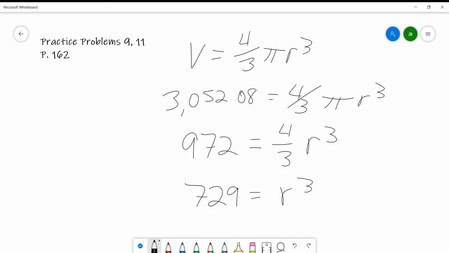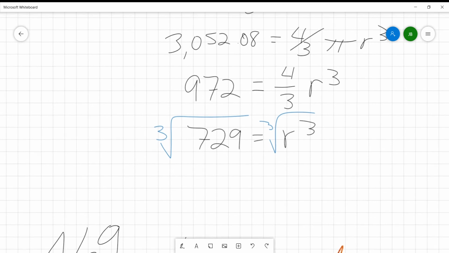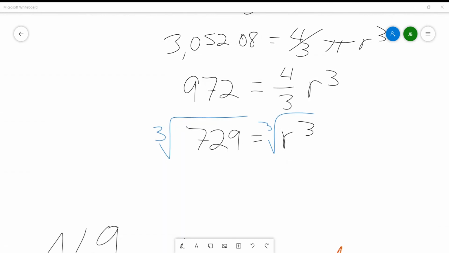Now what do I want to do? I want to take the cube root of both sides. If I do the same thing to both sides, I'll be sitting square. How do I take the cube root on my calculator? If you have a cube root button, it'll be a second function.